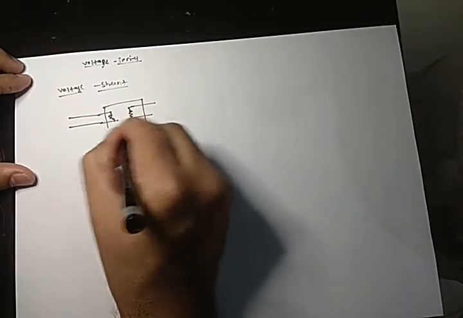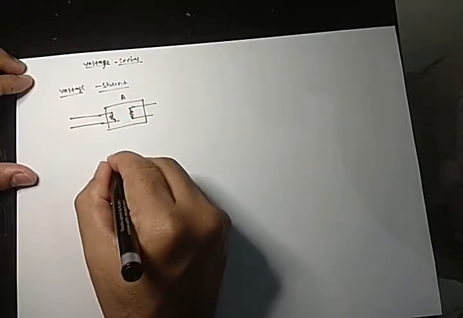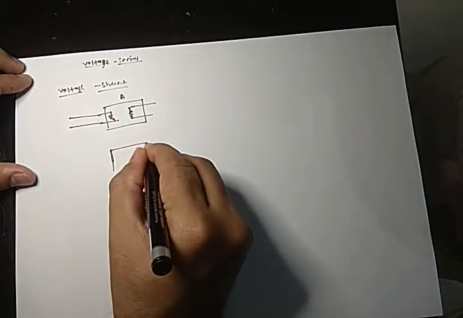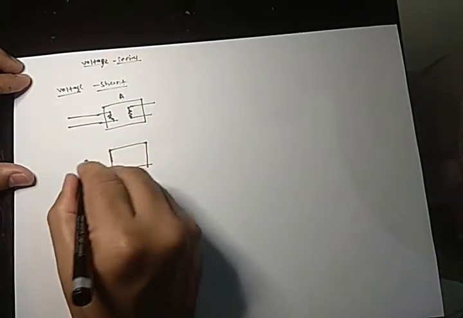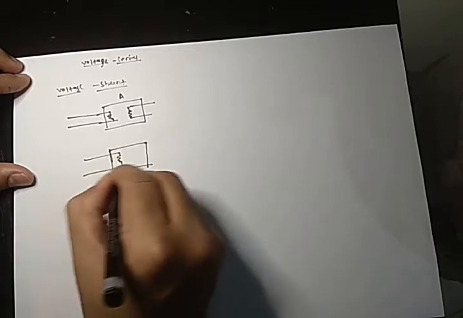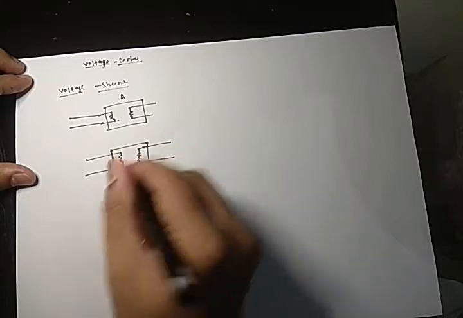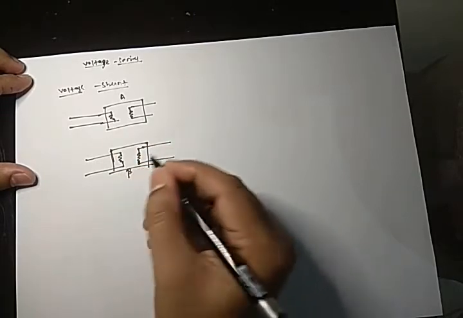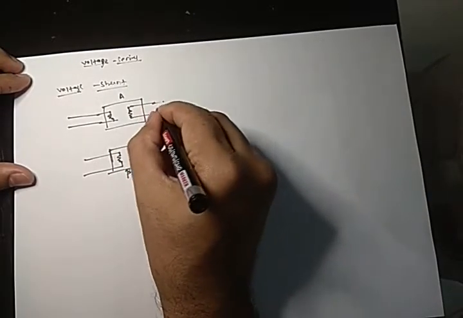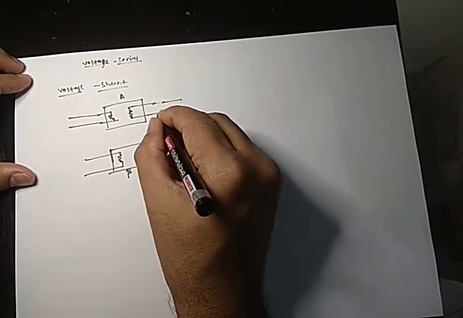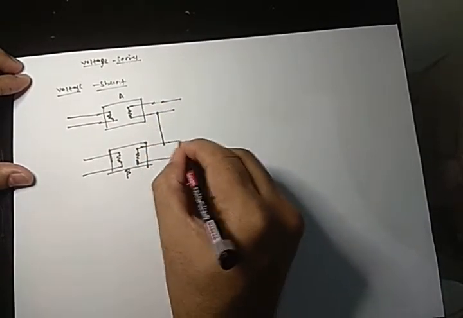This is your A, this is your beta, this block. Now voltage shunt, we have to tap the voltage parallelly.